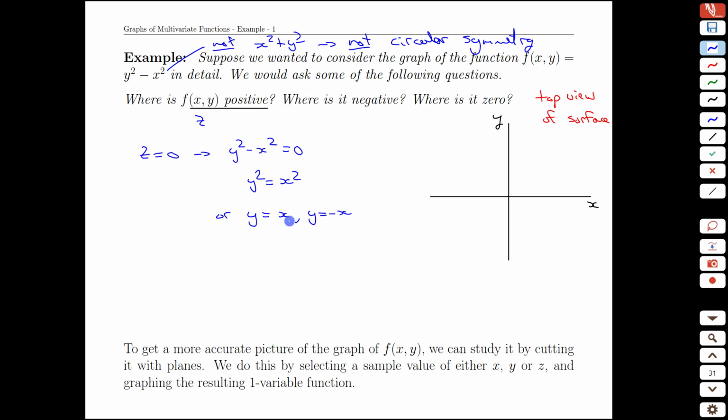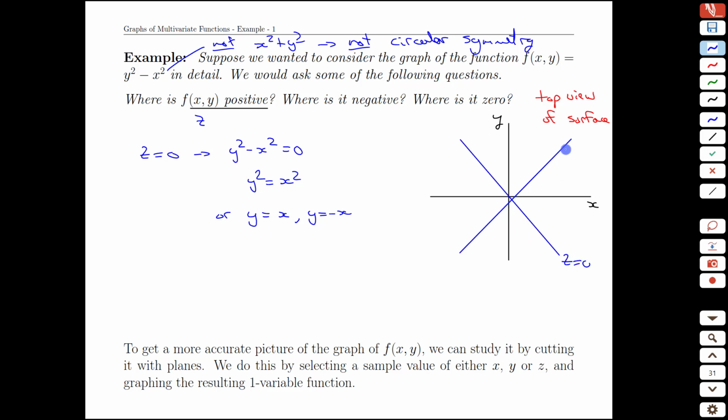What we just found was that when y equals x or y equals negative x, then we have the value 0. So along these straight lines here, there we are, we have z equals 0.